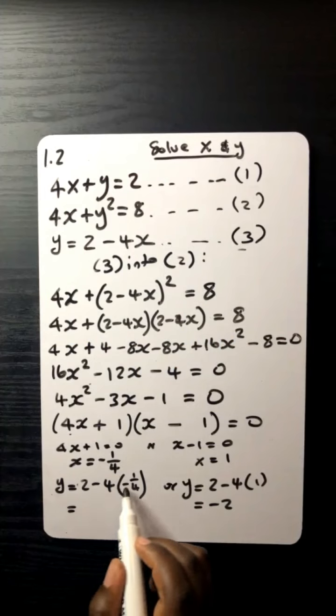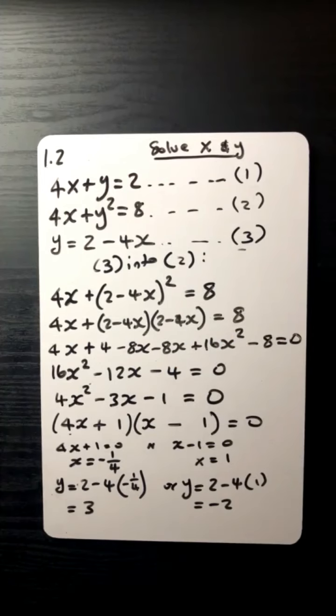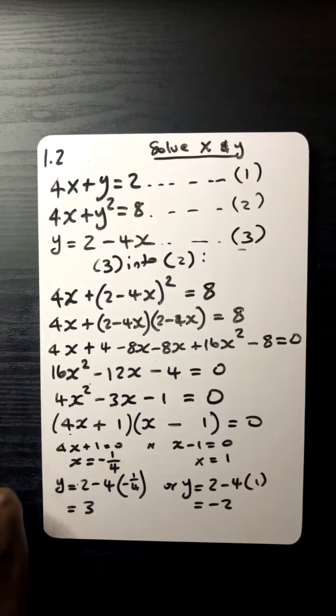It's a positive plus 1, I think it's 3. So guys, let's quickly confirm if I'm correct on that one. Into, then it's minus 1 over 4. This is 3.